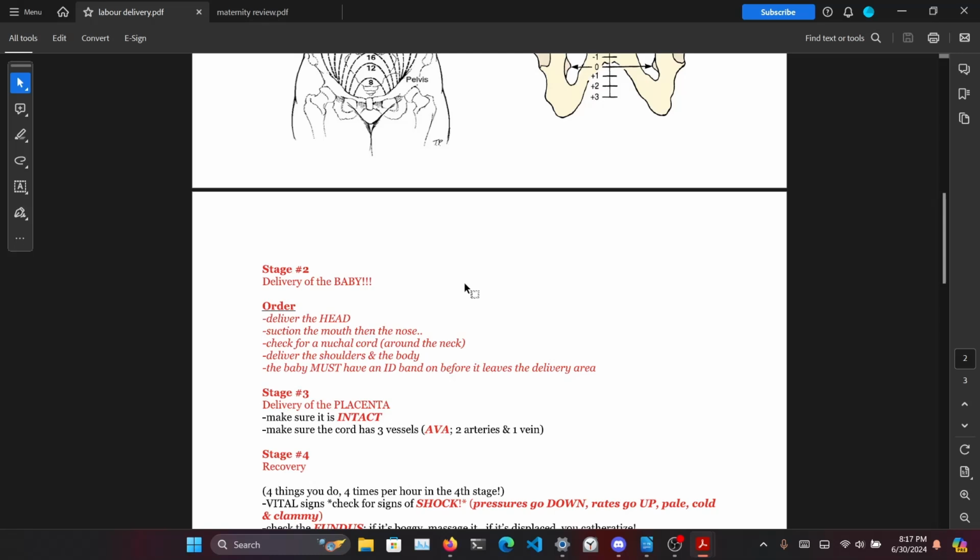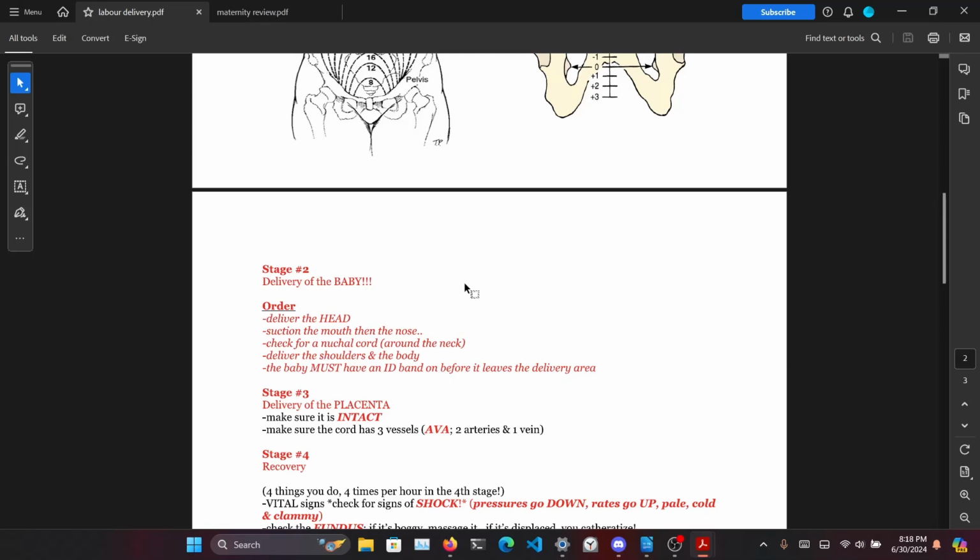And then stage 2. Stage 2 is the stage where the labor, the process of the delivery, happens. Also in stage 1, they have described how stage 1 is divided into parts: latent phase, active phase, and transition phase, right?